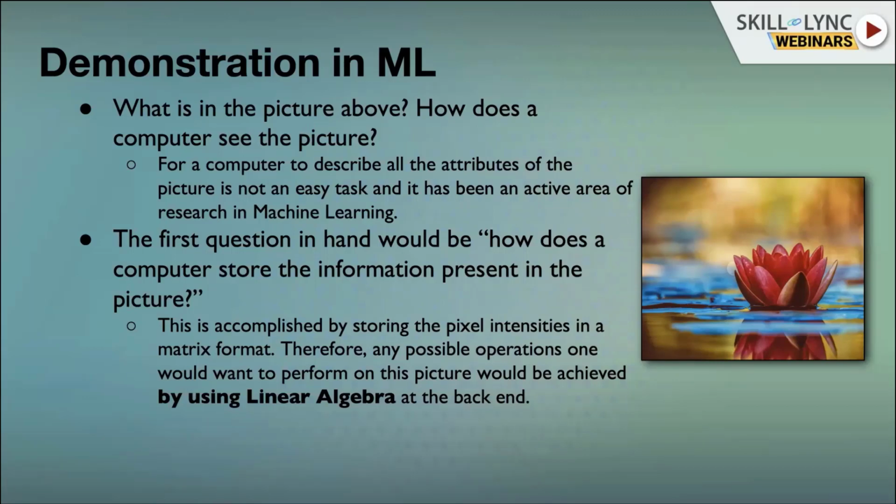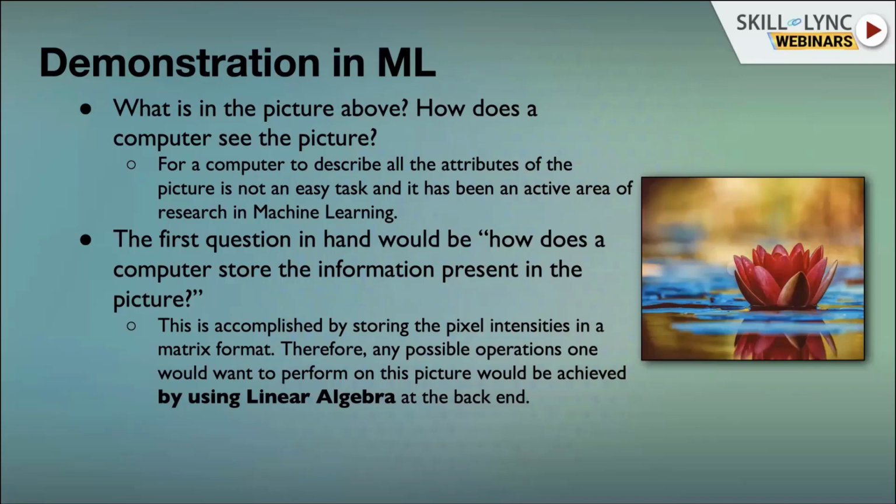Even any number given, let's say 5, the computer will convert it into binary digits, and that is the way of storing data in a computer. So then how can an image with multiple attributes like color be stored in a computer? This is achieved by storing the pixel intensities in a 2D array or a matrix format.